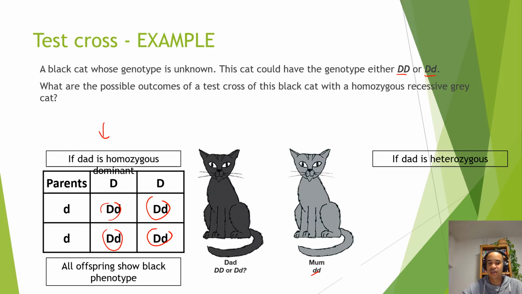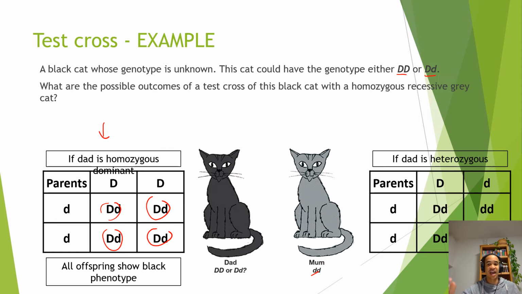So if 100% of the children are heterozygous, that means 100% of the children would have black fur. If we performed this cross multiple times, and every single time the children all had black fur, we could pretty concretely say, yep, it looks like that dad has the homozygous dominant genotype.